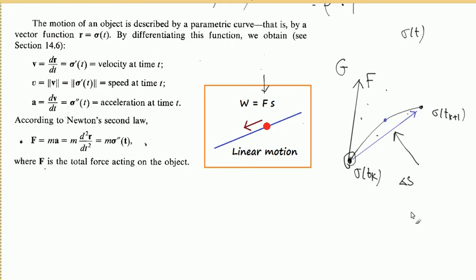All right? And then this is approximated by sigma prime. Let me do it this way. This vector is approximately equal to sigma prime of t_k. Would you believe that? This would be the velocity vector, right? But if delta t_k is small enough, this one is well approximated by delta times sigma prime of t_k.